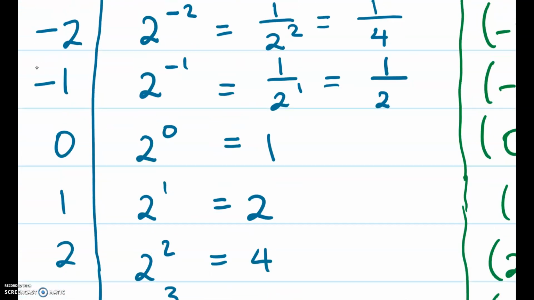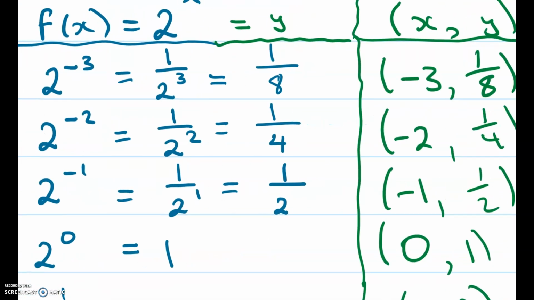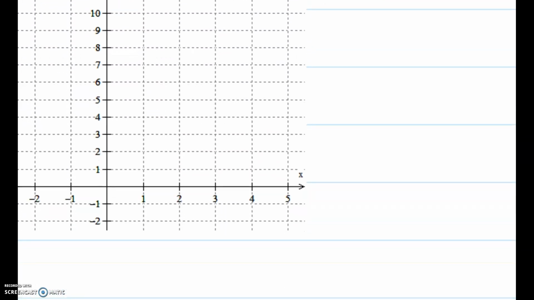-2. -2 is 1/4. Okay, so if we go to -2 and up to 1/4. Okay, so 1/4 is just about there. -1, I won't scroll up. You can scroll up if you want, we'll go back in the video. -1 to the -1 was 1/2, so it's up 1/2. 0 was 1.